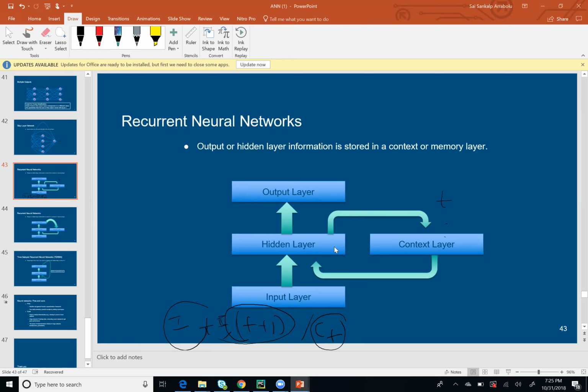There are different kinds of neural networks. There is a very popular one, which you'll see if you take deep learning classes or advanced machine learning. It's called LSTM, which stands for long short-term memory.